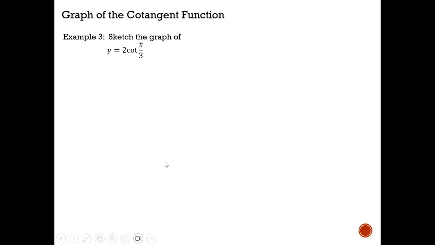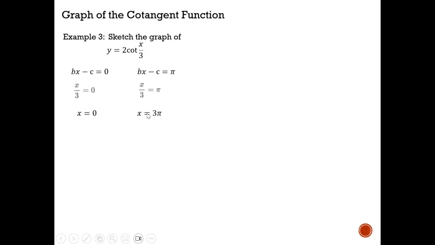Sketch a graph of 2 cotangent of x over 3. So we're going to set x over 3 equal to 0, and x over 3 equal to pi. On the left, we multiply both sides by 3, so x equals 0. On the right, x over 3 equals pi, we multiply both sides by 3, so it's going to give us 3 pi.